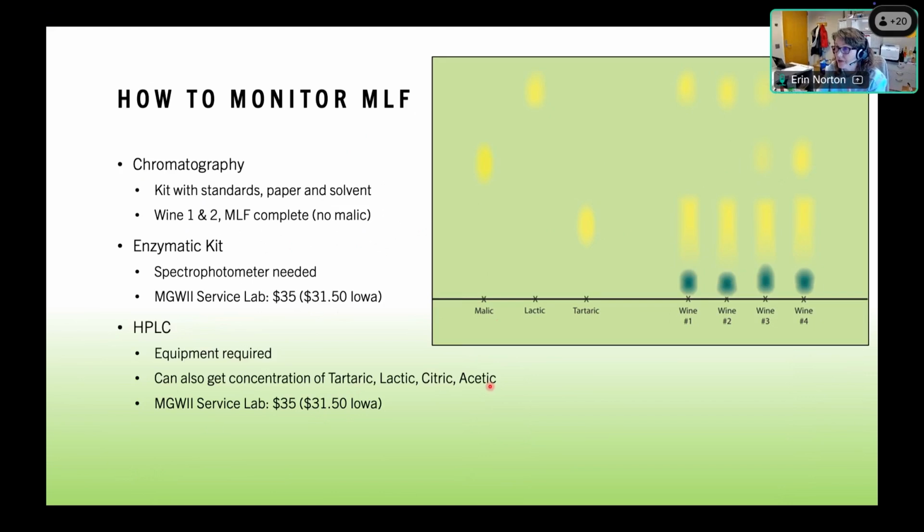Acetic acid for volatile acidity. So consider it. It's a really short, easy experiment for us to do, and it costs the same amount, and you get 5 pieces of information instead of 1 with the enzymatic kit. So just something to consider.